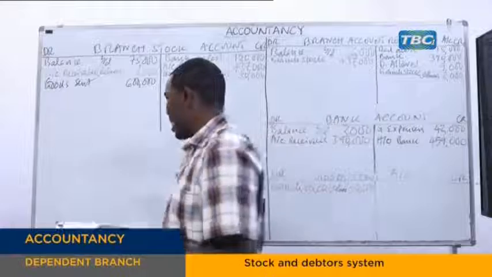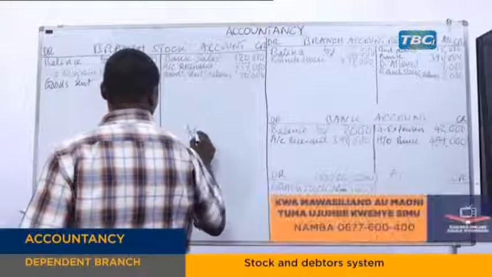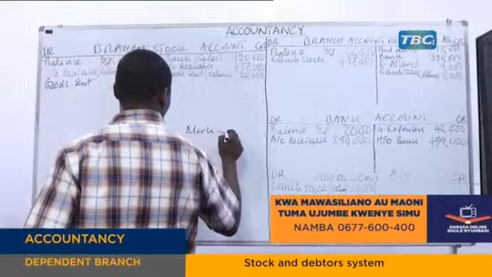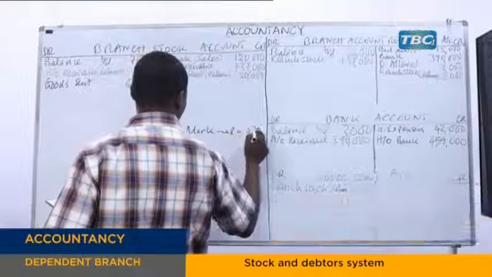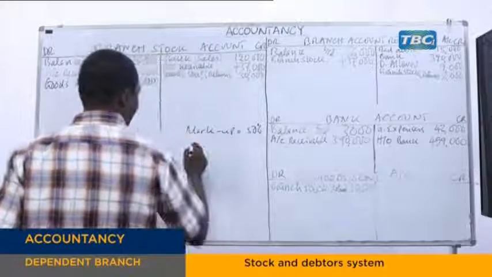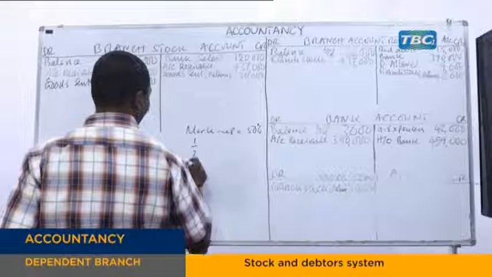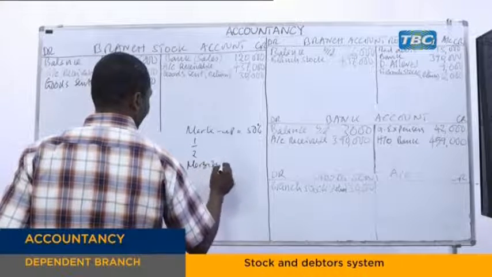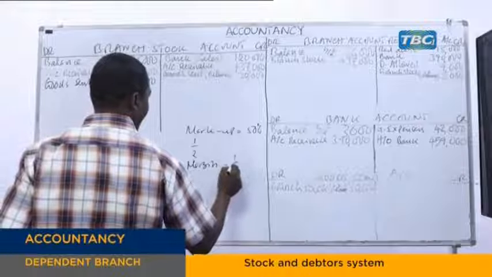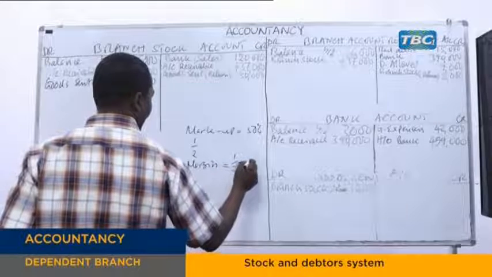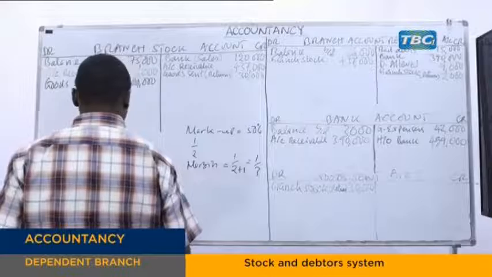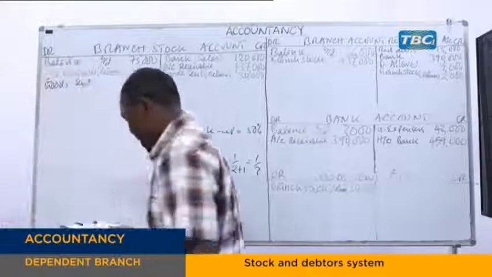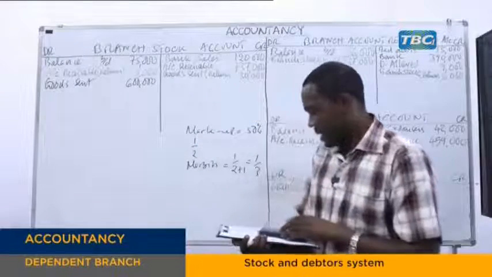That was the markup. So markup was 50%, that means 1 over 2. Then margin will be equal to 1 over 2 plus 1, which will be 1 over 3. That will be our margin.